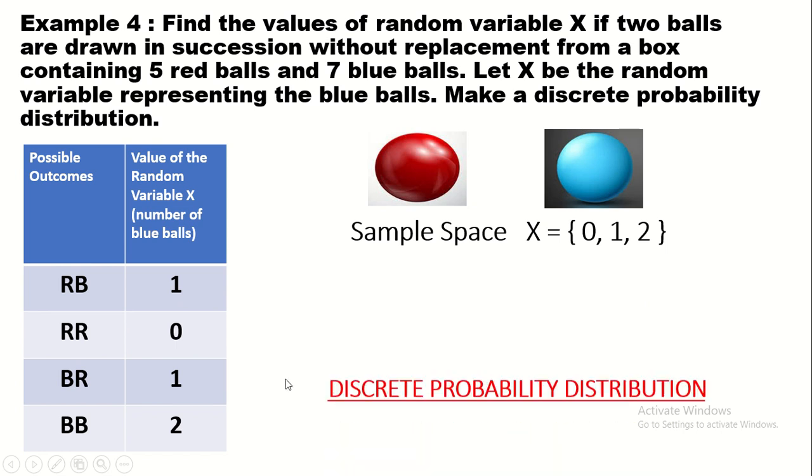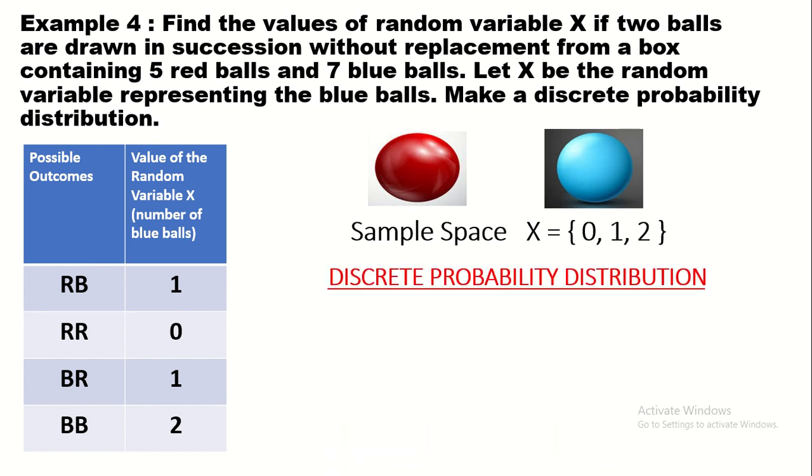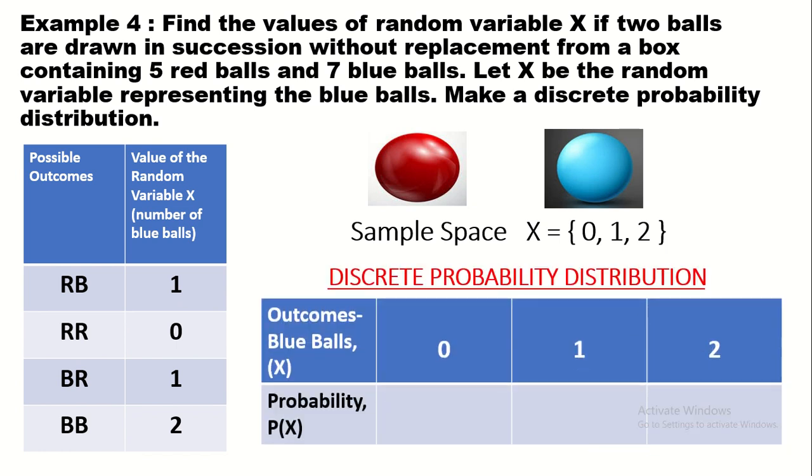Okay. Let us have the discrete probability distribution. Sa outcomes natin, blue balls ang bibigyan natin ng focus. Ito yung P of X natin, or the probability of X. Ito yung mga sample space natin. Ngayon, ang zero natin, yung possible outcomes natin na wala tayong makuhang blue, ay isa lang.